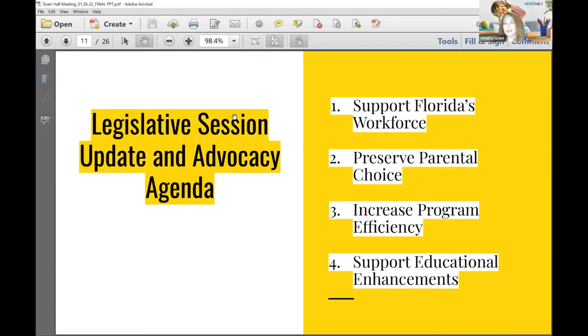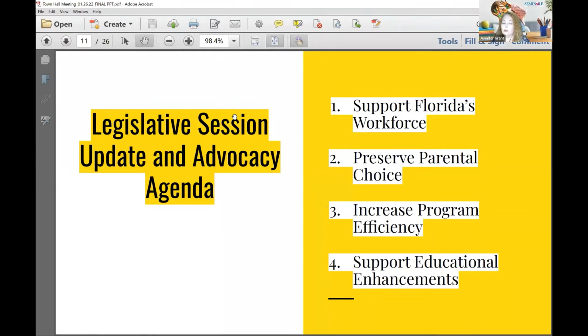So we need to make sure that our sliding fee scale changes so that we can continue to provide that support. We don't want families to fall out of the school readiness program because the minimum wage increased, but the federal poverty level did not. So that's something we're trying to educate and make sure that we can continue to serve as many families as possible in our county.